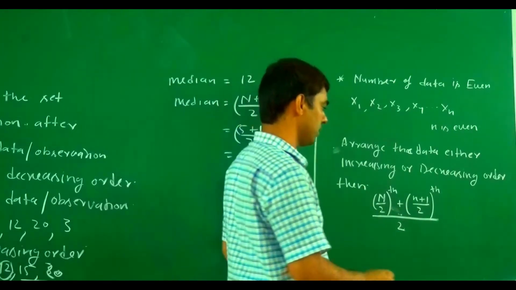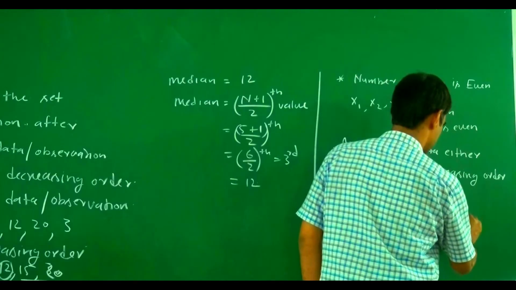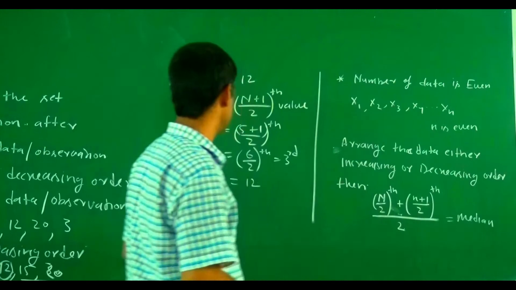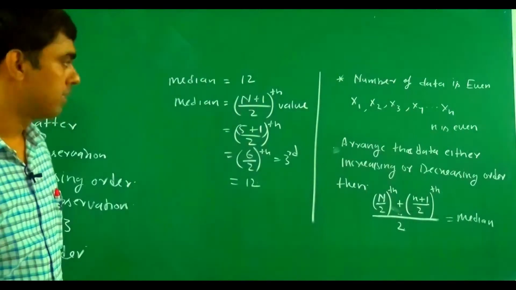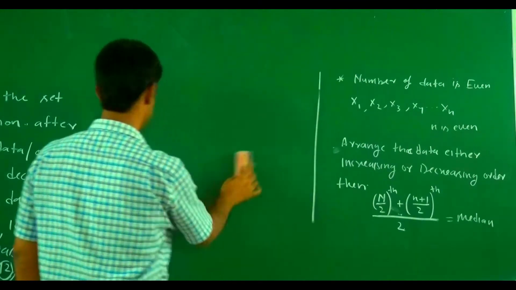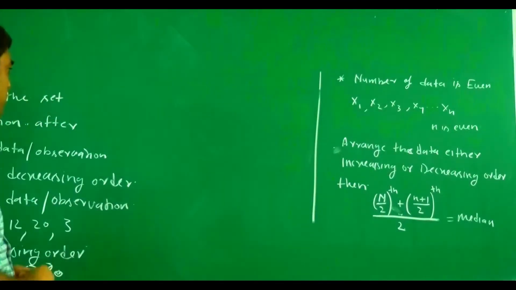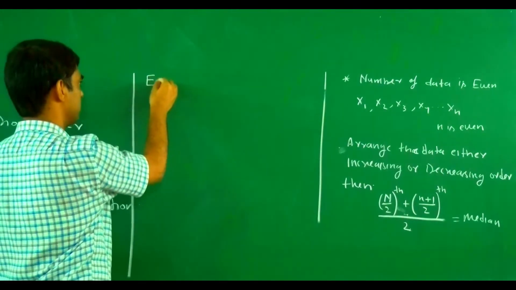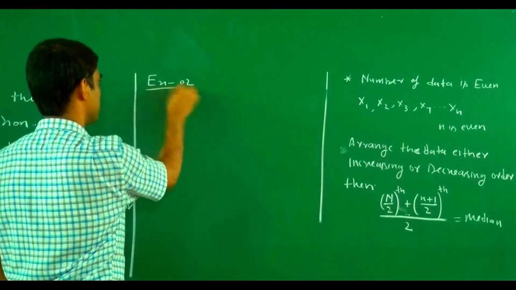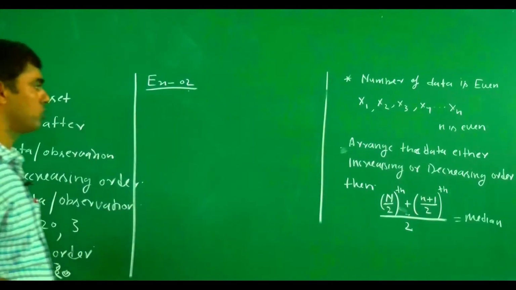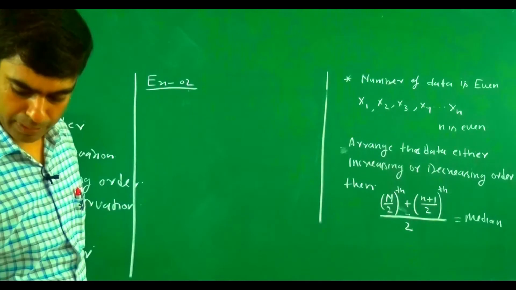This is the median. Now suppose we take one example of an even number of terms. This one is example 1, and this is example 2, where there is an even number of observations.